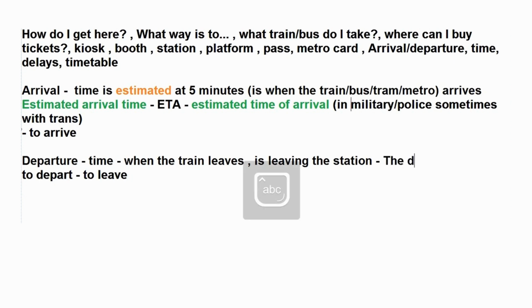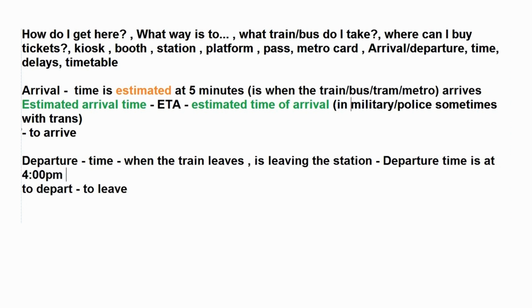For example, a lot of the time they just say like on the speakers, they say departure, let's say departure time is at, I don't know, they'll say like the time of day or something, like 4 p.m. Departure time is at 4 p.m.